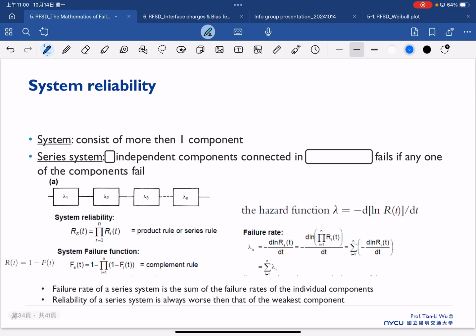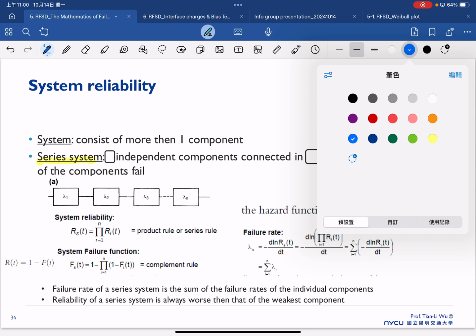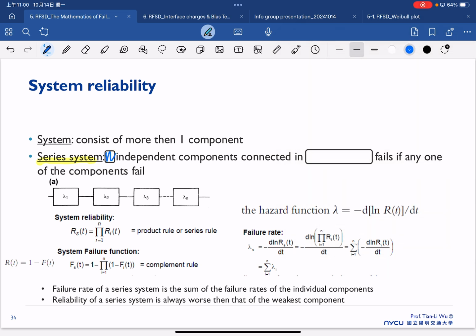So the system is defined as consisting of more than one component. So we have two system reliabilities we have to consider. The first one is the series system. In the case of a series system, we have independent components connected in series, and it fails if any one of the components fails.